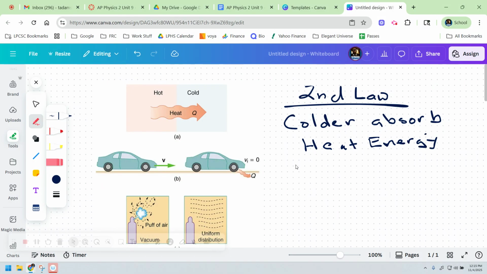Heat energy tends to give off, and then the items with less energy will absorb that heat energy until you reach a state of equilibrium.